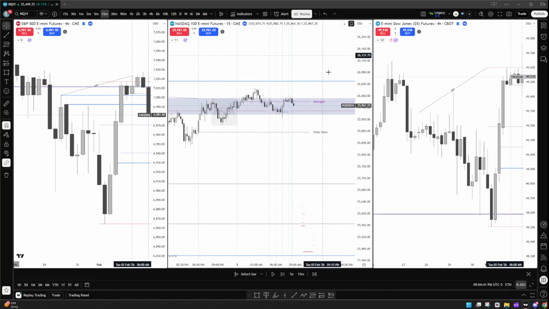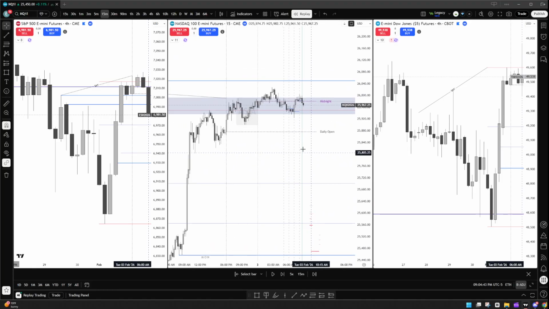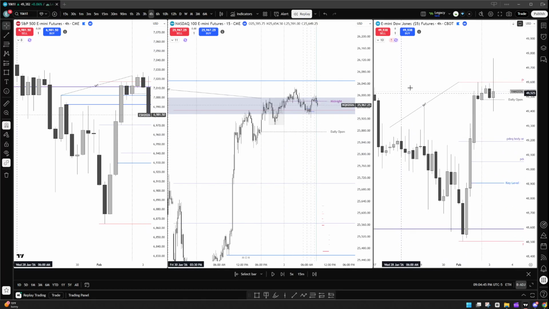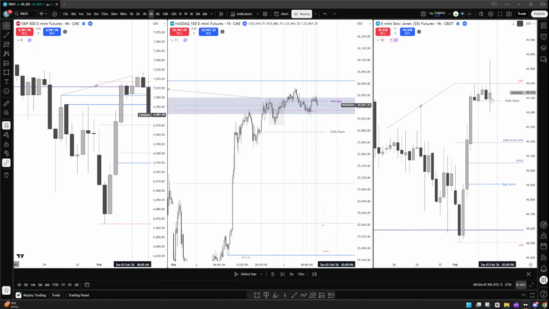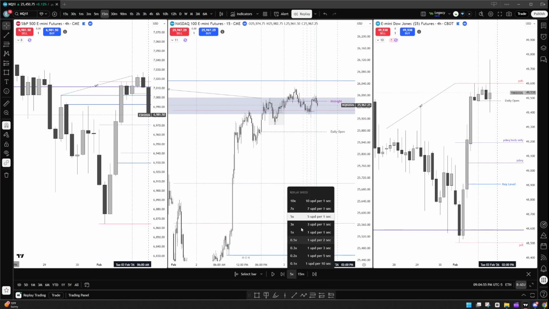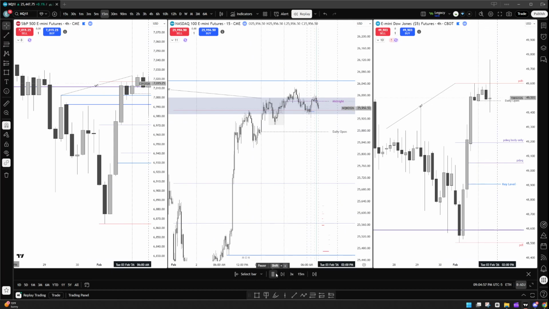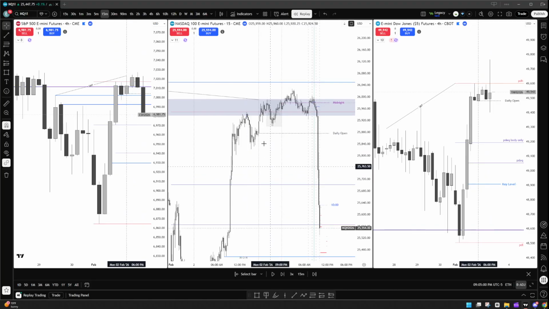So anticipating some sort of manipulation of the highs. We can see here that occurs on YM, giving us the SMT. Oh, well, anyways, I went too fast.